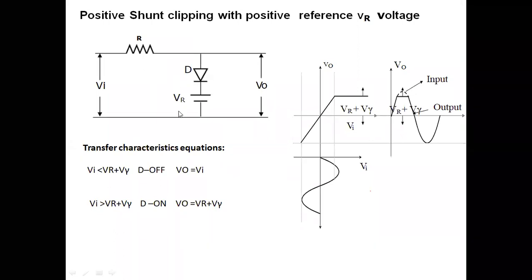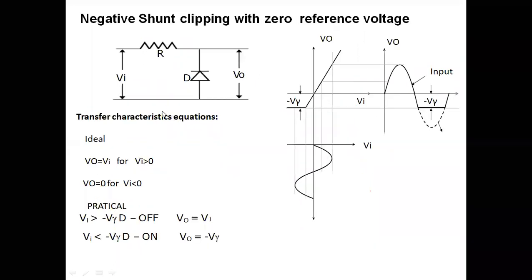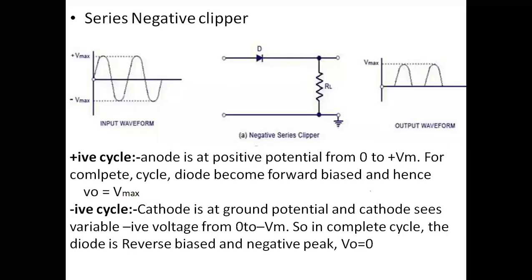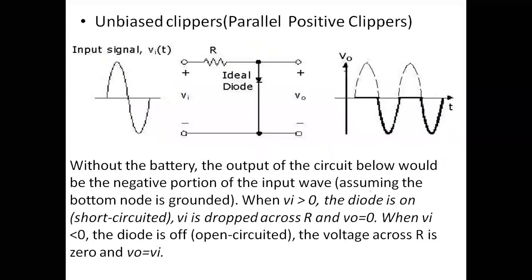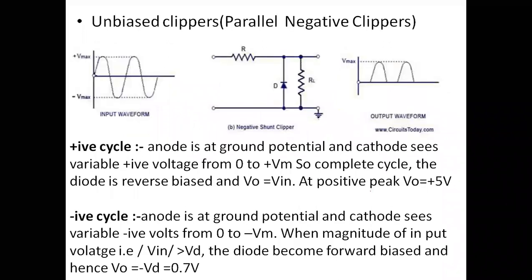Once again, what we have discussed completely in today's two-hour class: we have seen what a series clipper is, how the output waveform will be, and what a series negative clipper is. Similarly, a shunt positive clipper or shunt negative clipper and how the output waveform looks.